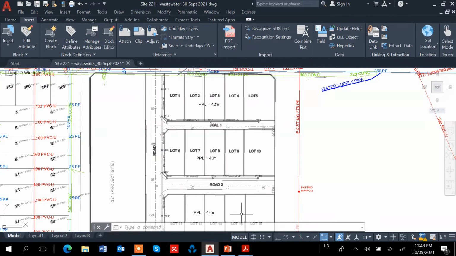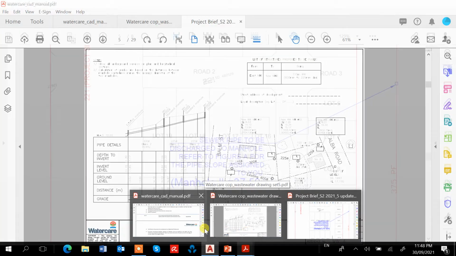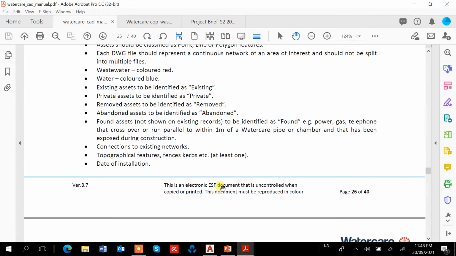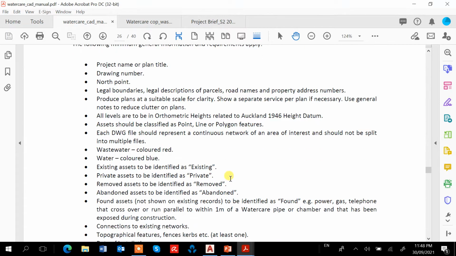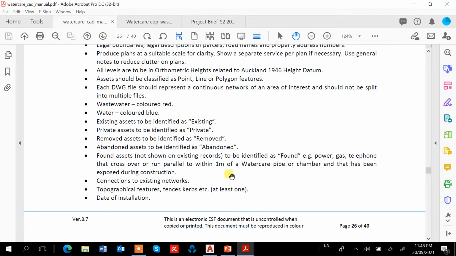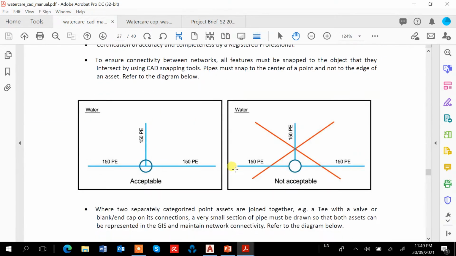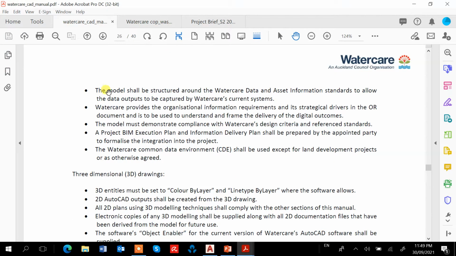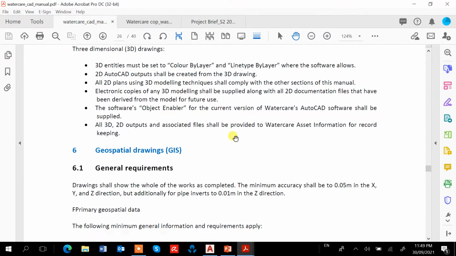From the design, this one is from Watercare. Watercare takes charge of the wastewater pipes as well as the water reticulation. Therefore, for the drawing, this is the Watercare CAD manual.